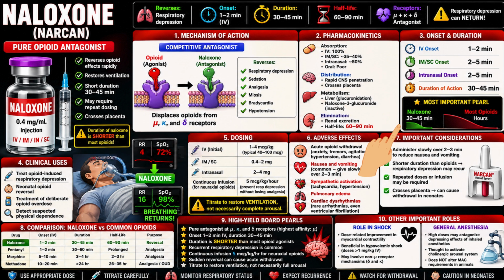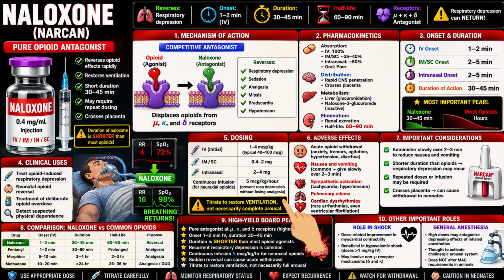The respiratory depression you thought you'd solved simply returns. This is renarcotization, and it's the single reason anyone who receives naloxone needs sustained monitoring, not a one-time dose and a discharge. The mismatch between naloxone's short duration and most opioids' much longer duration is genuinely the most clinically dangerous gap in all of opioid pharmacology.